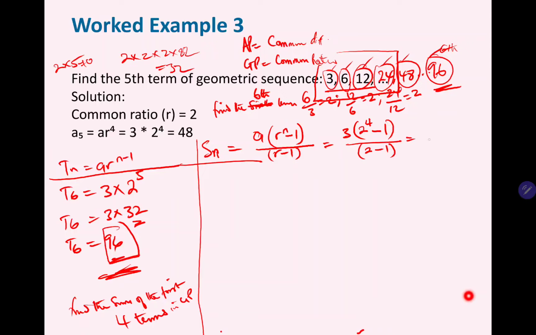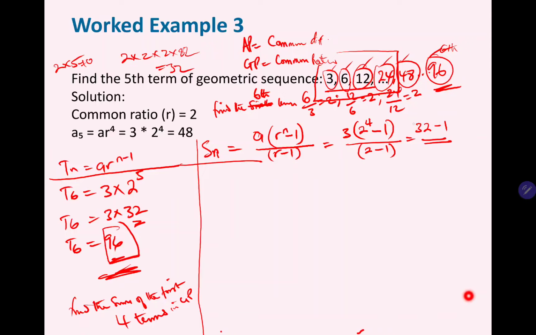So 2 minus 1 is 1, so we don't need to write that. 2 raised to power 4 is 2 times 2 times 2 times 2, which is 2 times 2, 4, 4 times 2, 8, 8 times 2, 32.